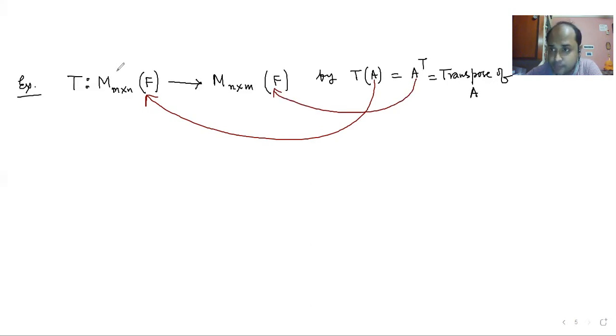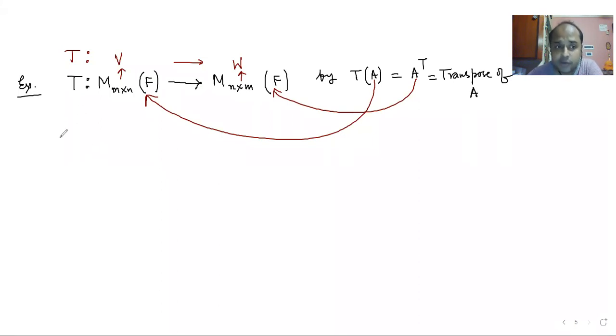It is also very interesting to see that this matrix A will belong to this vector space, and the transpose of this matrix will belong to that vector space. Here the problem is different, because the vector space V and vector space W are different, they are not the same. So in this example too, you can show that the transpose operation is a linear operation.